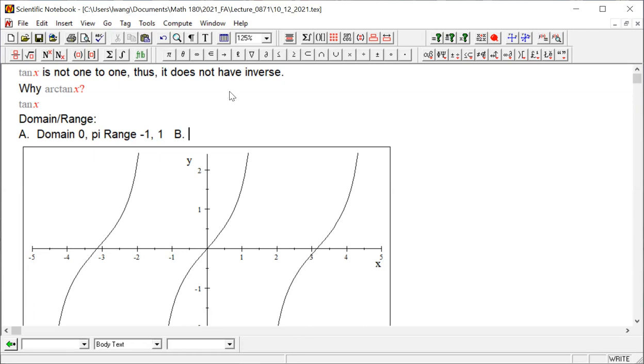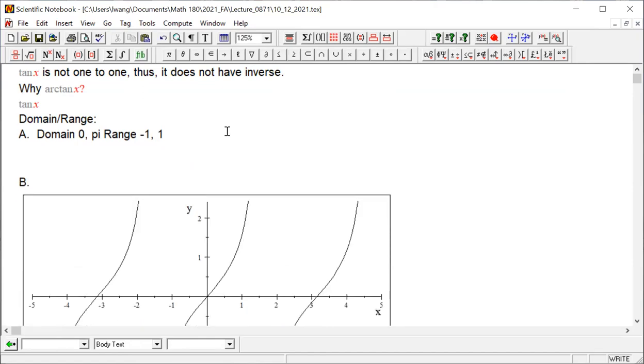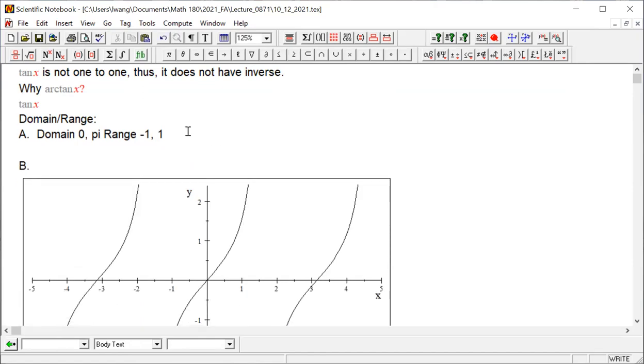That's the interpretation of your answer. You're telling the reader, whoever is there, the input can only be 0 or pi, and the output can only be -1 or +1.